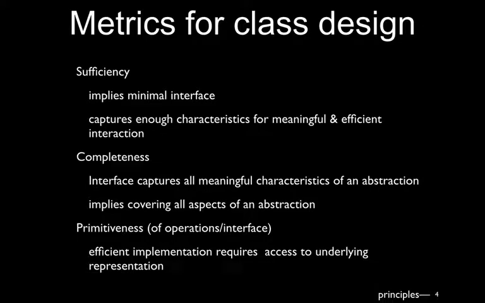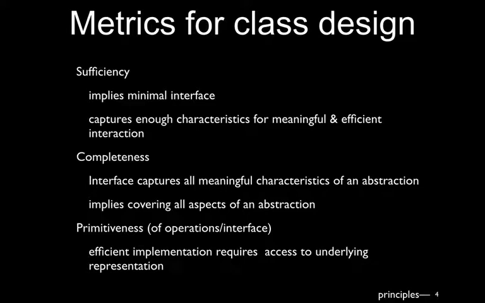For example, if you consider a list, adding an element to a list is very primitive. You must be able to add an element to a list. But adding 10 elements in one shot may not be as primitive, because you could have implemented that with other functions, hopefully efficiently. So you may argue that it's not really necessary. When it comes to functions, always try to provide the minimum number of methods, and methods that are primitive.